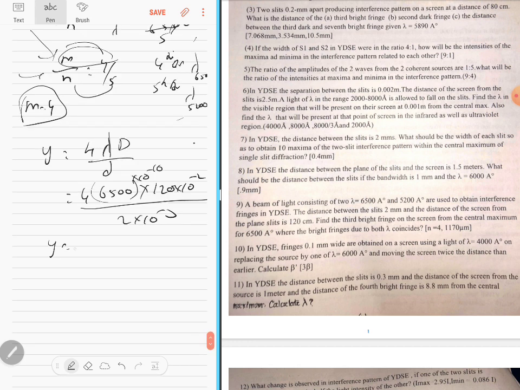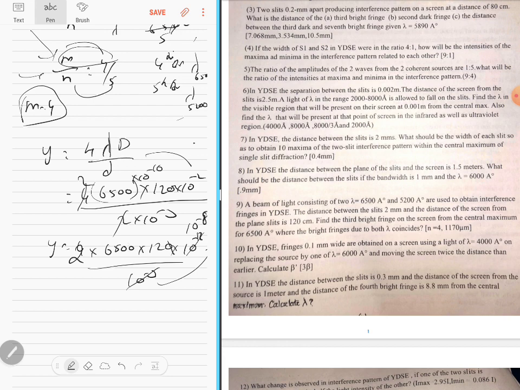So let me try to do this. This and 2 will get cancelled. So you get 2 into 6500 into 10 to the power minus 10, and minus 12 it will become. And you still have 120 by 10 to the power minus 3. This goes up, it will become 10 to the power minus 9. Then you have another 10 from here, which makes it minus 8.